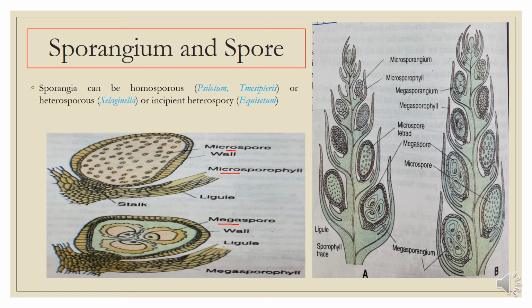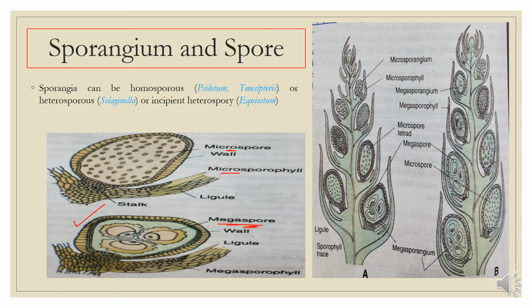And the megaspore, when it germinates, produces a gametophyte that produces the female reproductive organ, or the archegonium. So in heterosporous species, two types of spores produce two types of gametophyte.